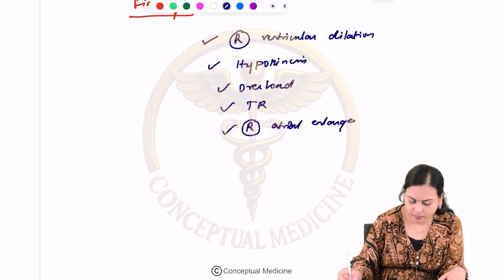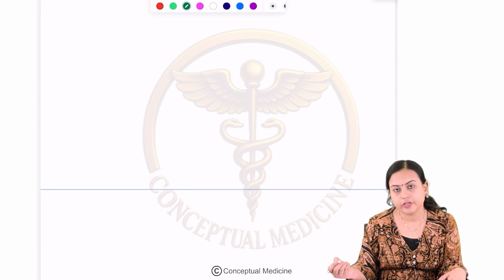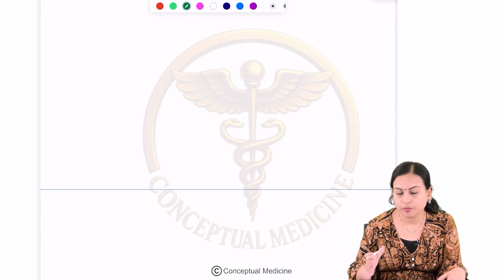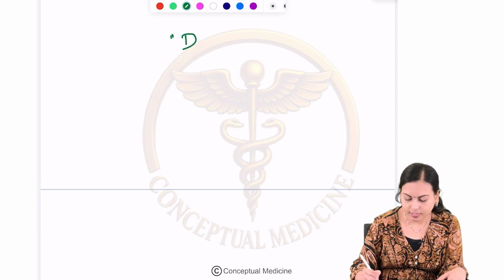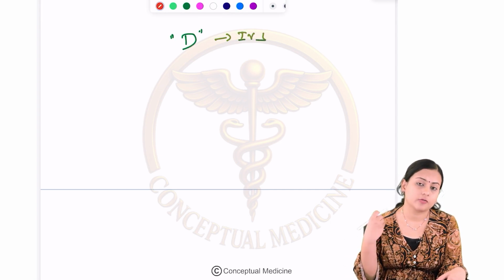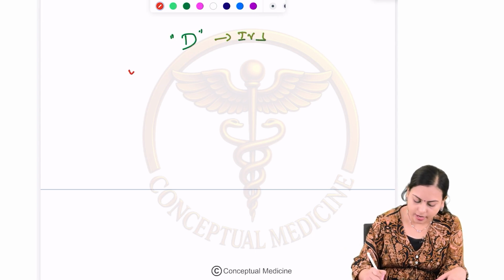We already know the right atrium is going to be dilated and the septum is going to be pushed towards the left side, so that will present the interventricular septum in the shape of a D.